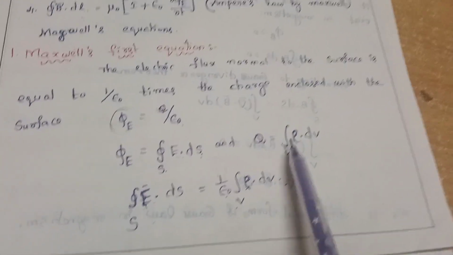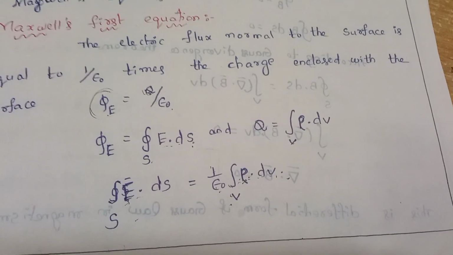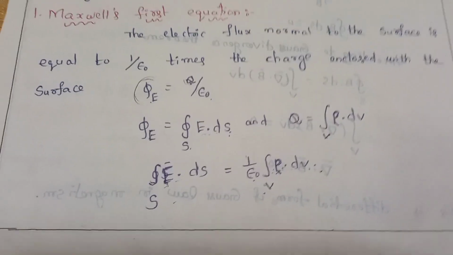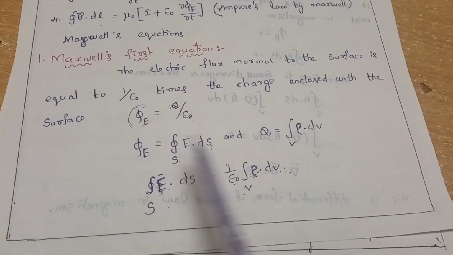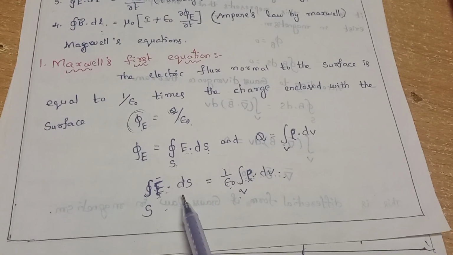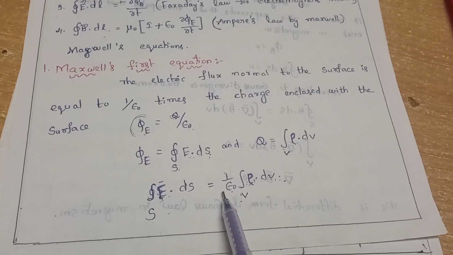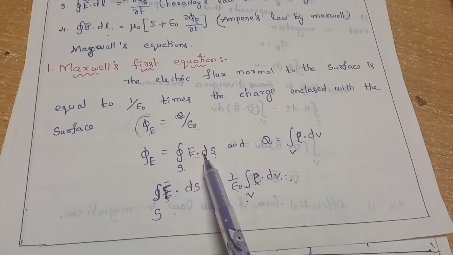Charge can be written in terms of charge density: Q is equal to integral over V of rho dV. From this we can write that the integral of E dot ds is equal to 1 by epsilon naught times Q. So phi e is equal to the integral of E dot ds.